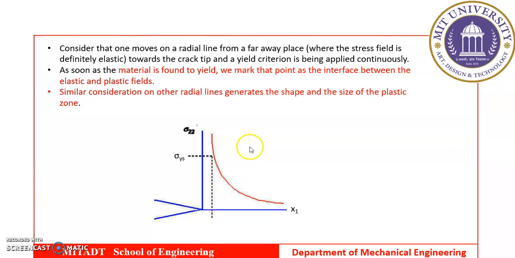Similarly, we will find all the points for 10 degree, 20 degree, 30 degree up to 360 degree. We will join those points, and that will give us the size of the plastic zone, and outside that will be the elastic zone.